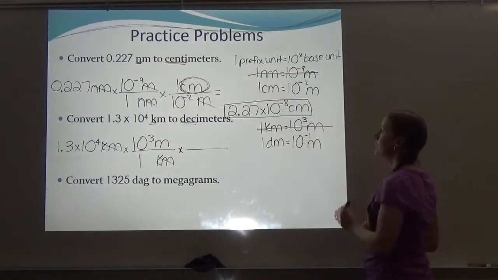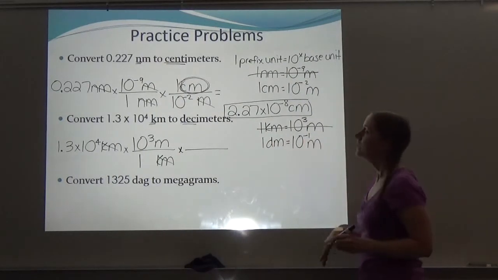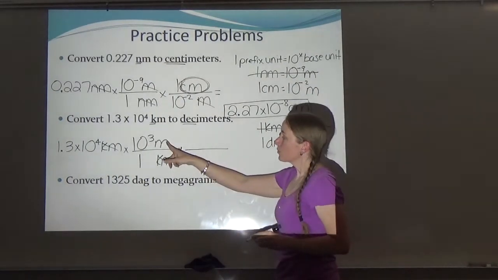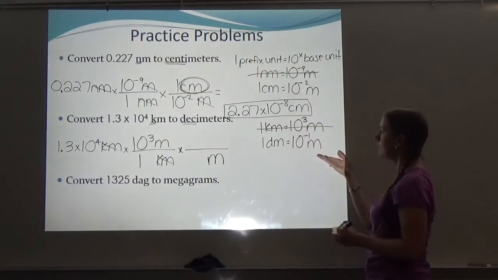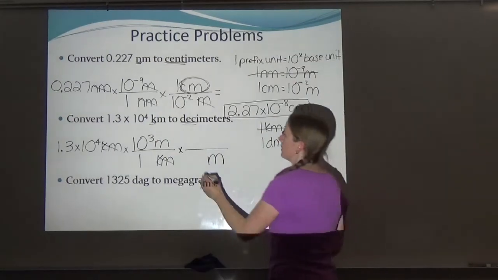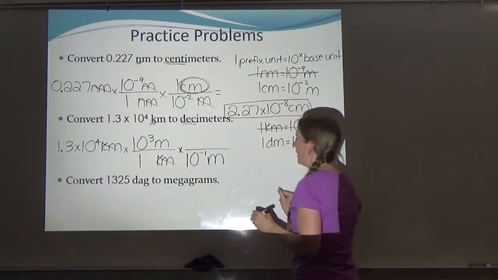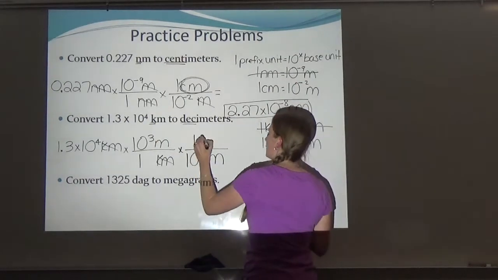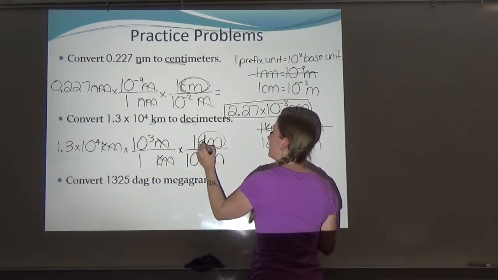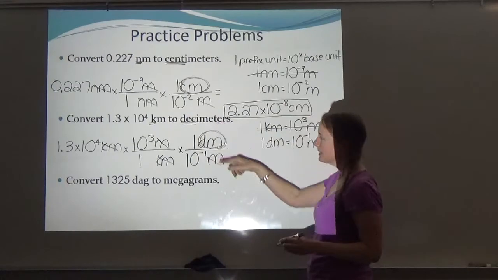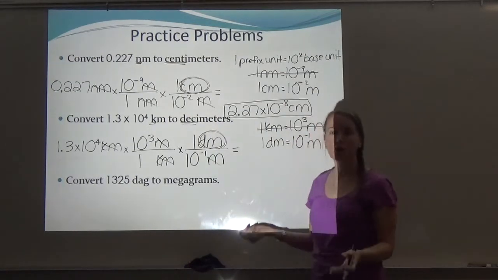I'm going to cross that one out because I've already used that one. So now follow golden rule. Meters is on top, so meters goes on bottom. I come over here, how many? 10 to the negative 1 meters. And that equals 1 decimeter. So my meters cancel. I now have decimeters like I want, so I'm okay to solve the problem.